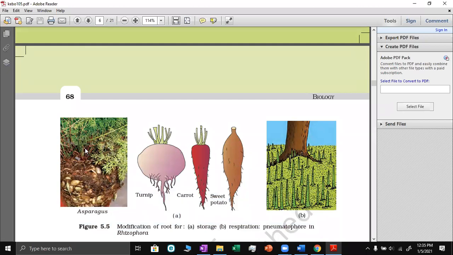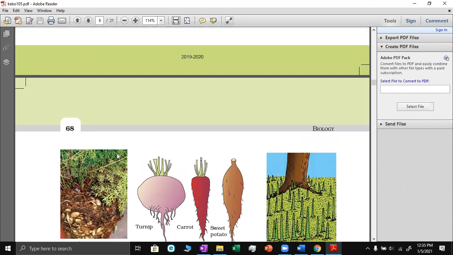This is asparagus plant. It is showing the root of the asparagus. A stem modification is there. They store food material in their root, fasciculated root.